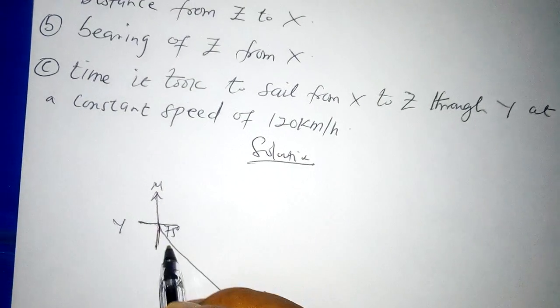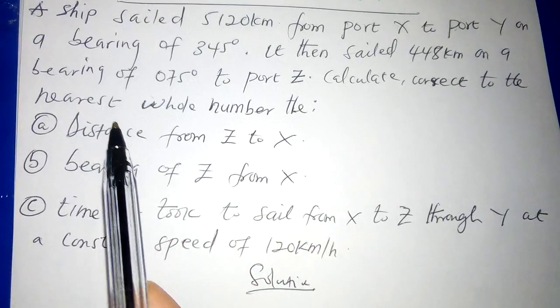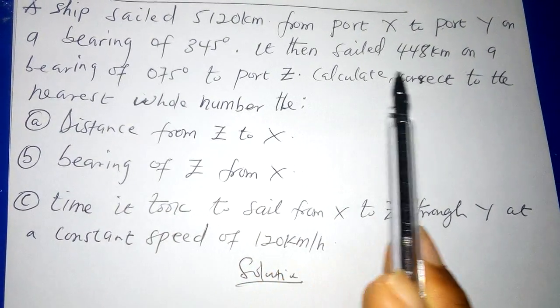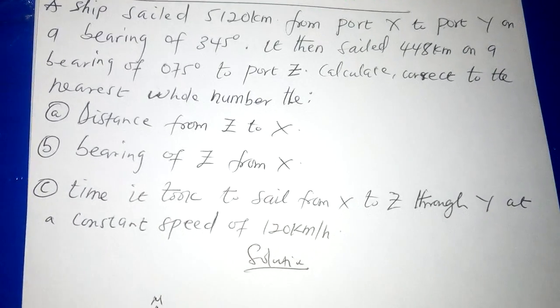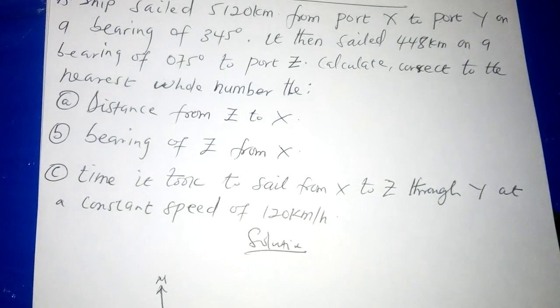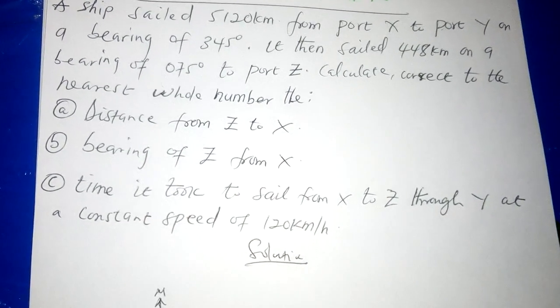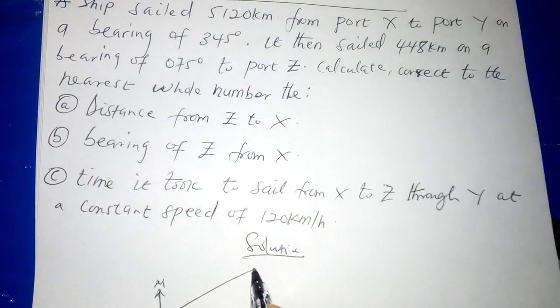So this distance from X to Y is 5120 kilometers. Then it sails to Z on a bearing of 75. So from here to here is 75, therefore I have my Z here.